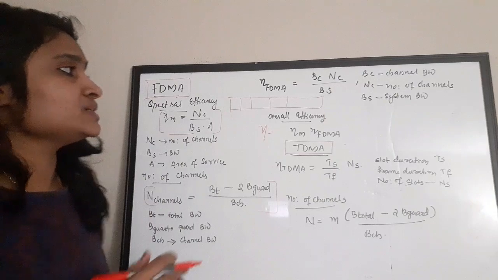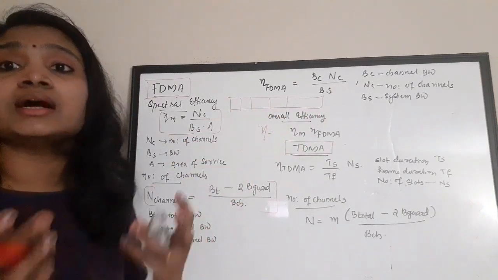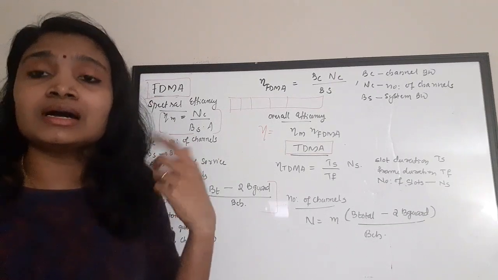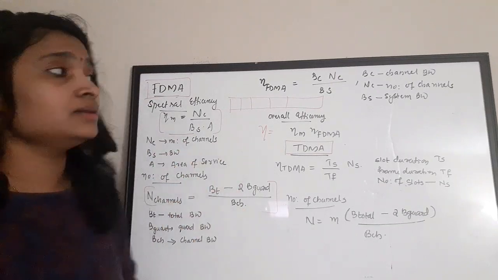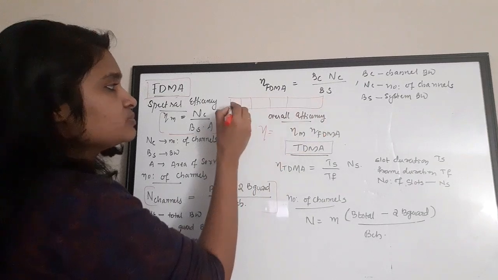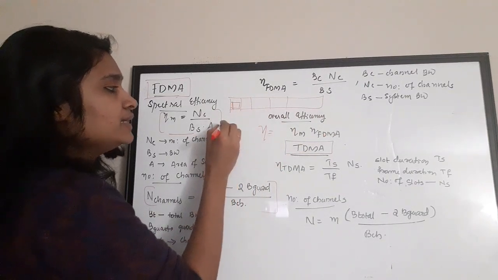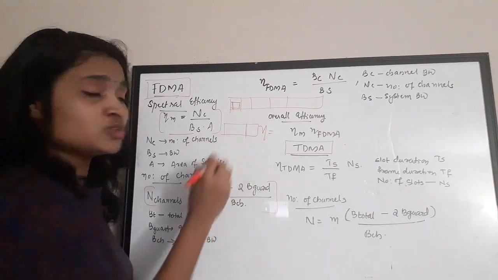Now there can be one question: in TDMA, are there guard bands? There is some frequency allocated for the guard bands, or guard bits are there. If you consider these time slots, in each time slot the user will be sending some data, and in that data frame some bits are actually guard bits.